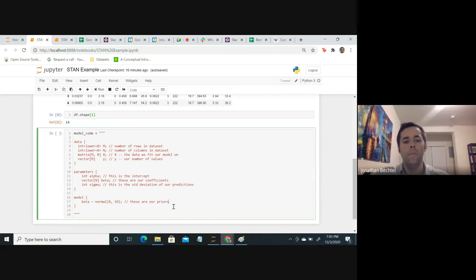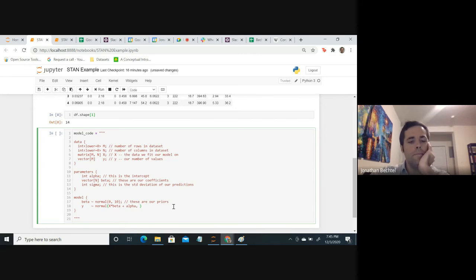Okay. So we have this right over here, and this is what we were talking about before, we could say this. This is vector notation for simultaneously taking every single column in X, multiplying it by every single corresponding coefficient, and then adding in the intercept.